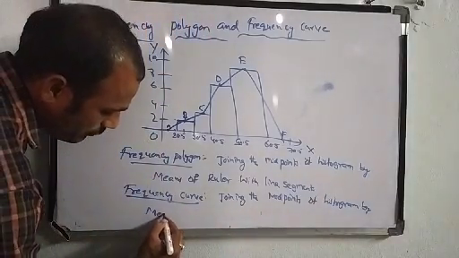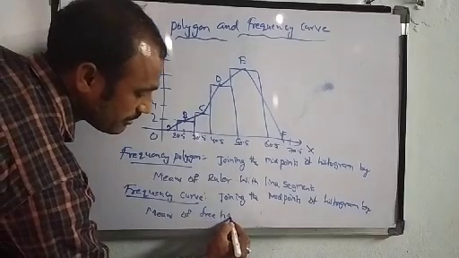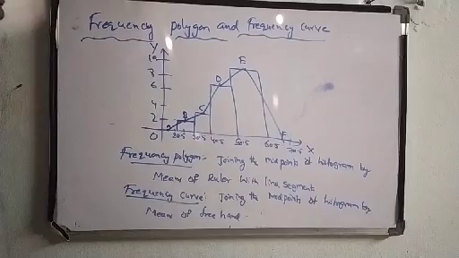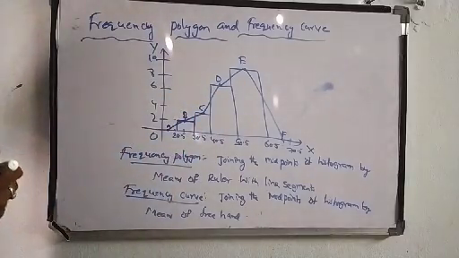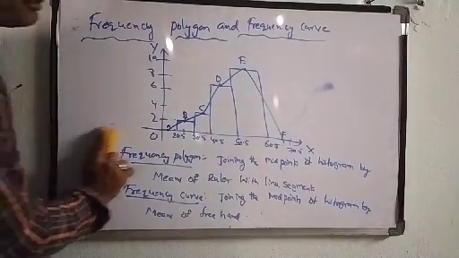By means of free hand, it means that if you are drawing by your hand, we are going to call it a frequency curve. If you are drawing with the scale, you have to call it a frequency polygon. Okay, let us do one question from the example.